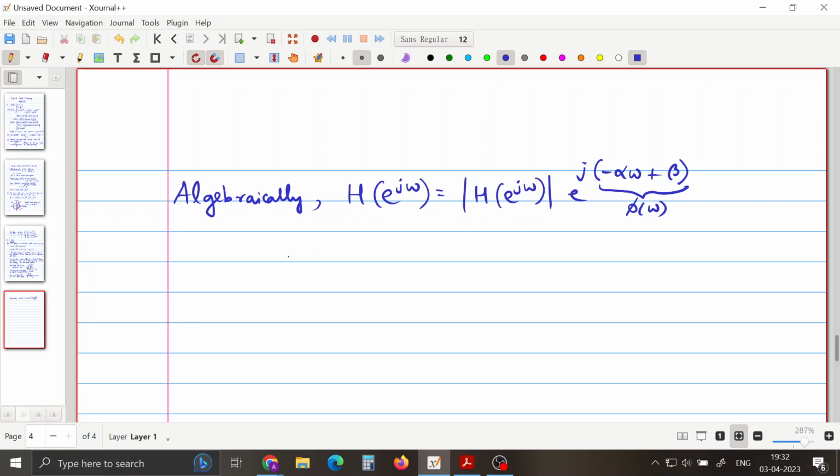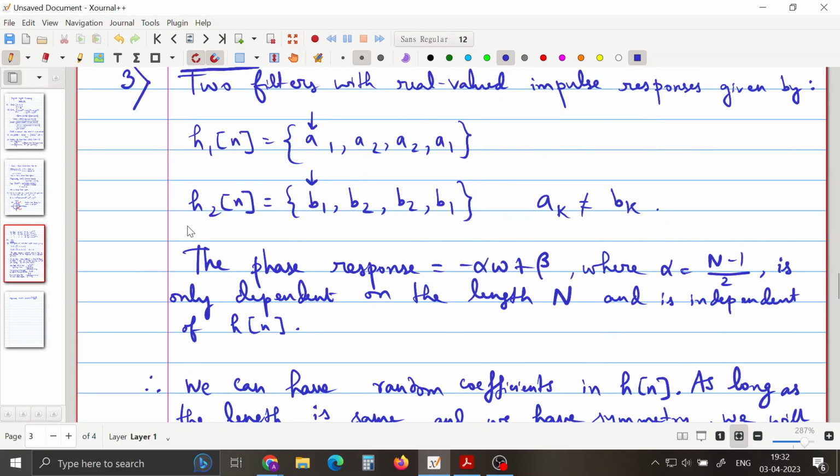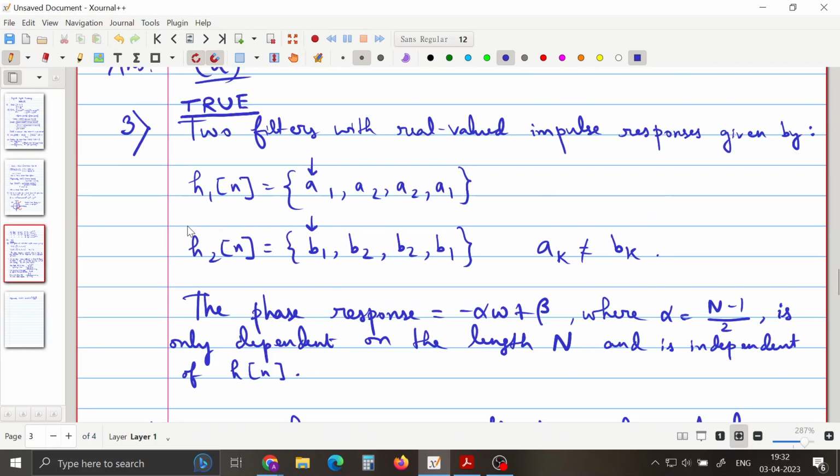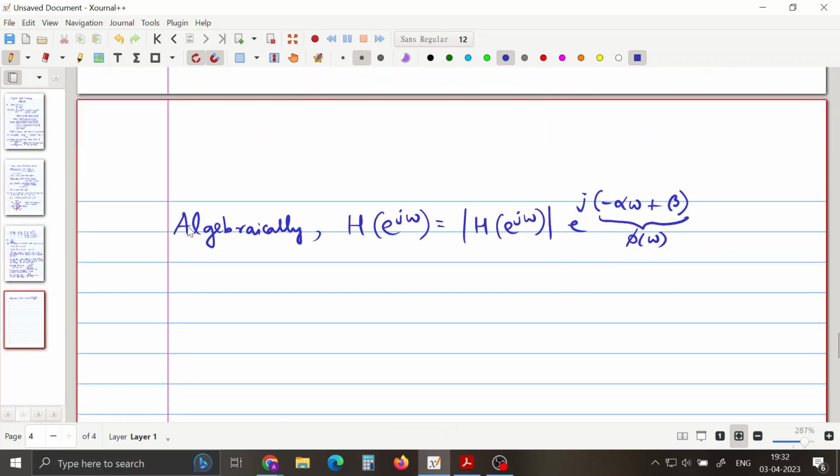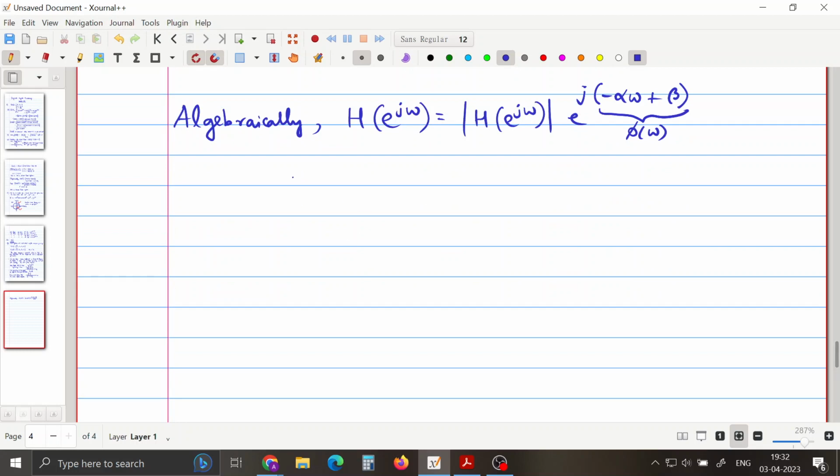and remember for both the sequences h1 of n and h2 of n, they were length 4 sequences, right? Capital N equals 4, and the group delay, which is alpha, is given by capital N minus 1 by 2 is the formula.